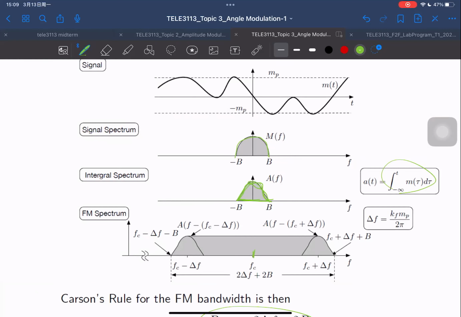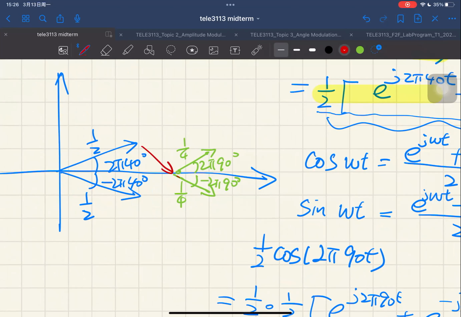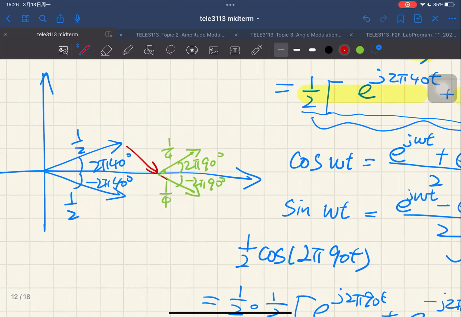So you can just do the shifting. Can I use another color? You can shift this one to here, so this vector and this vector are essentially the same. And you can also shift. You're gonna add these two together, you're gonna form this vector.